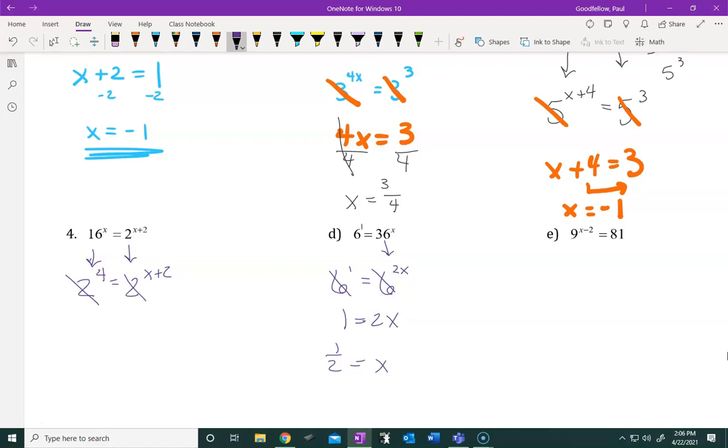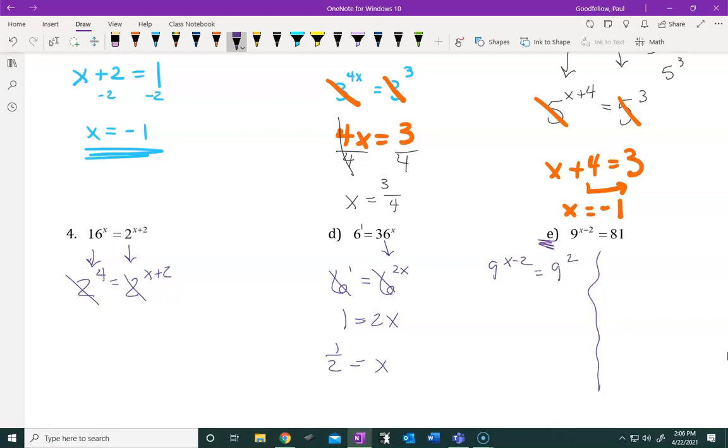Not a big deal. Now, on both of those last couple, it was only one thing that was changing. Now, you could actually change both sides. That's a reasonable concept. Most people would probably see this one, and I'm going to do this problem 2 different ways. One would be to just change it into 9s, and that'd be 9 to the x minus 2 is equal to 9 squared.